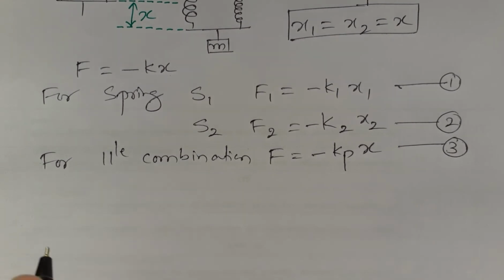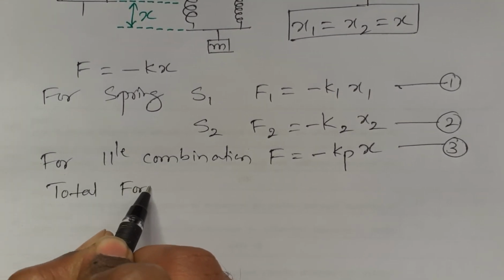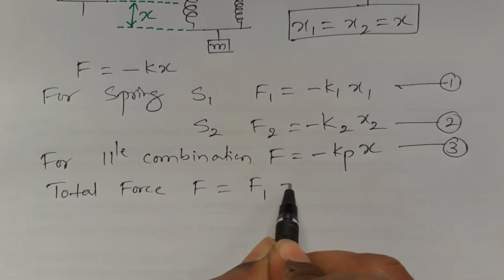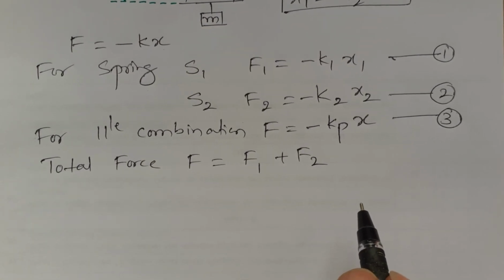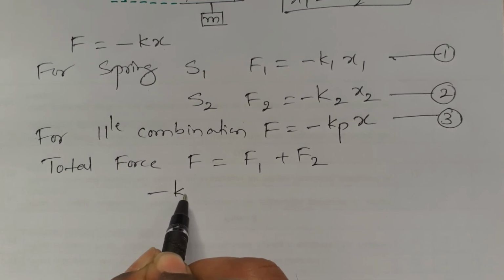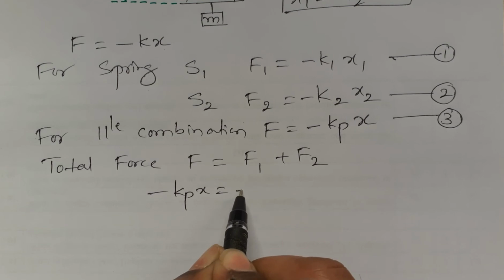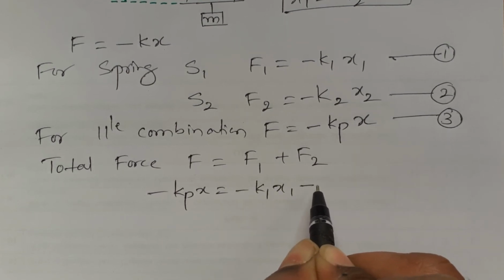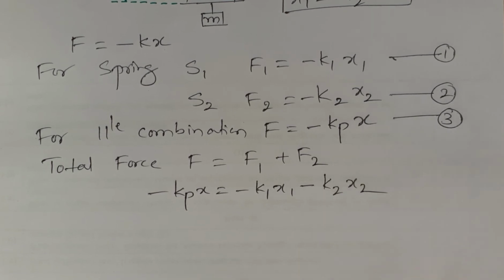So the total force F is equal to F1 plus F2. Let us substitute the value of F, that is minus Kp x is equal to, the value of F1 is minus k1 x1, minus the value of F2, k2 x2.